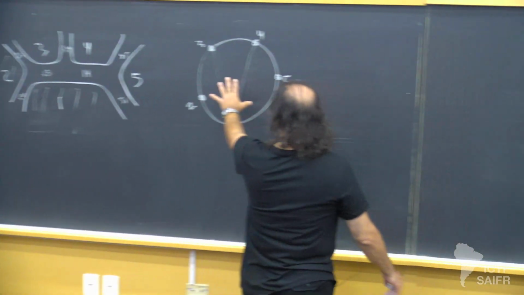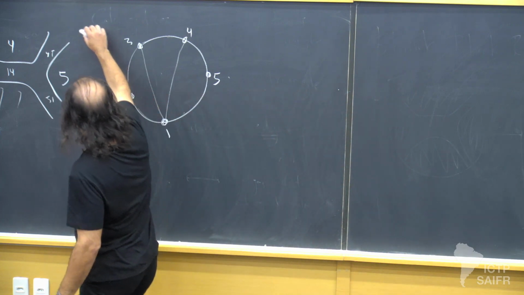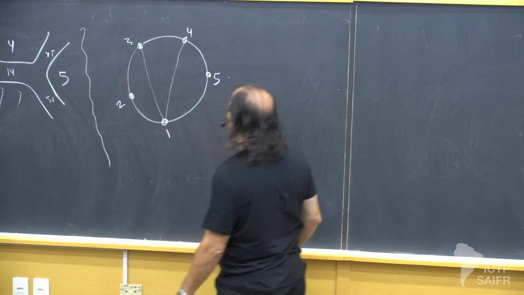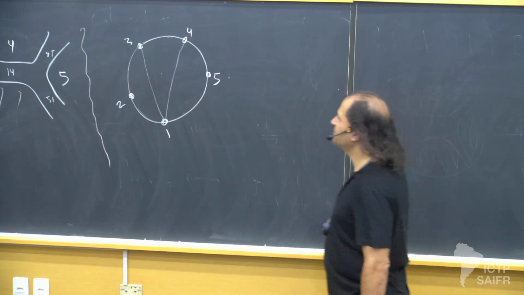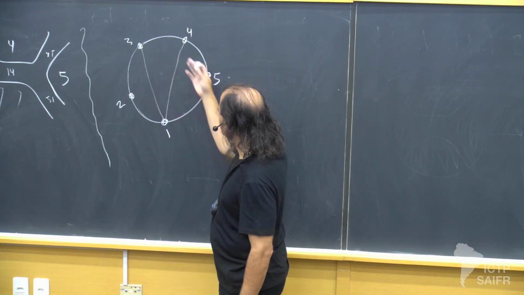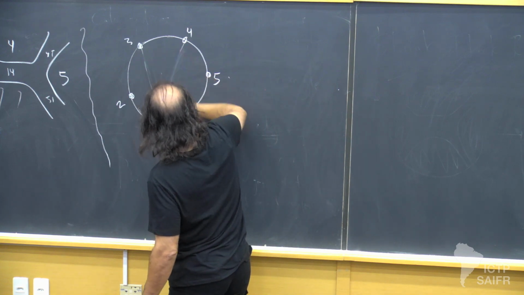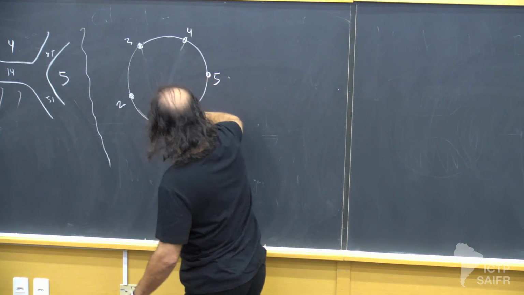But before we do that, let's talk about things in this language. Going back to the picture of the surface for a second, let's forget about the fat graph for a moment. All the Feynman diagrams are triangulations of this surface, okay?